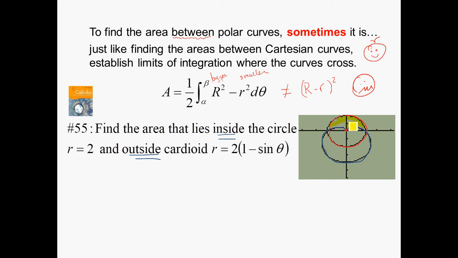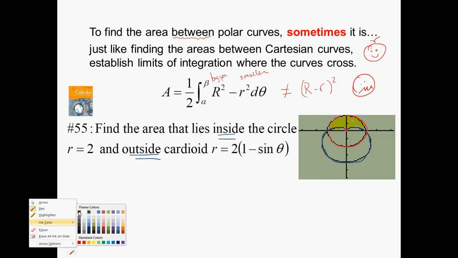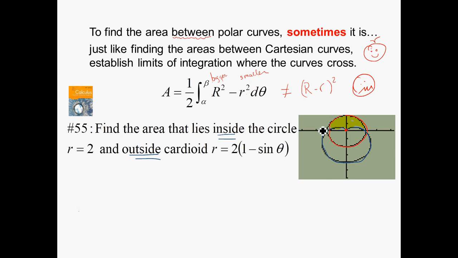Do you agree that that's it? So how do I get that? Well, certainly I'm going from 0 to pi. But would you agree that I need the whole semicircle, and then I have to subtract off this piece of the cardioid if I'm only going from 0 to pi.